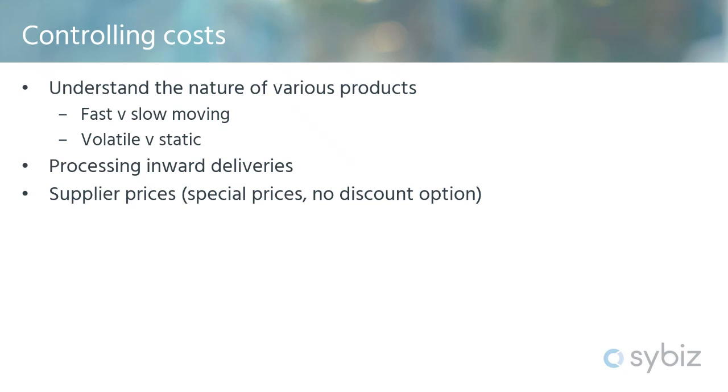Okay, in terms of controlling costs, it's good to understand the nature of your various products and the things that influence that, whether they're fast moving or slow moving. Slow moving tend to be, by their nature, things that are purchased less frequently, and as a result, it is possible for the system's cost to get stale.